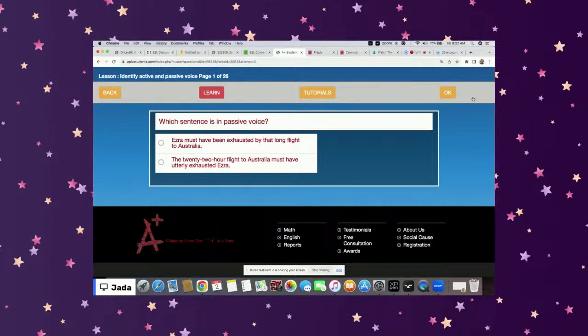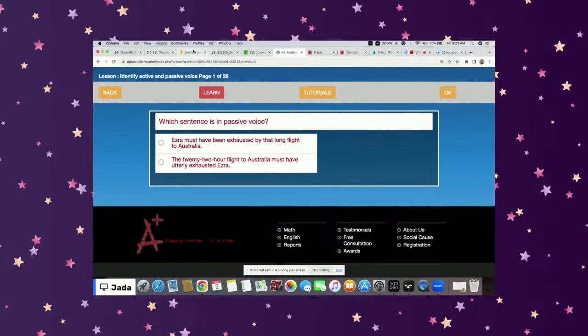Okay, now which sentence is in passive voice? Israel must have been exhausted by that long flight to Australia. The 22-hour flight to Australia must have utterly exhausted Israel.